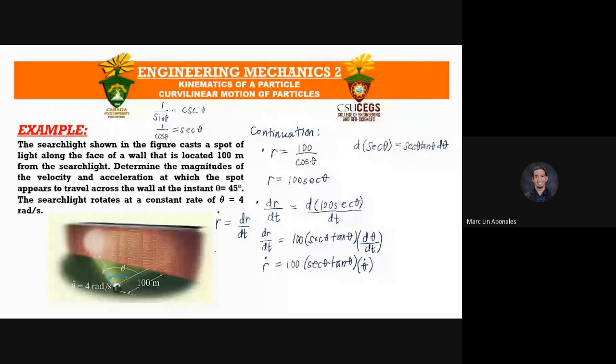The same thing with theta dot, that is d theta over dt. Every time you differentiate a trigonometric function, say secant theta, that is secant theta tangent theta, times the derivative of the angle theta itself.